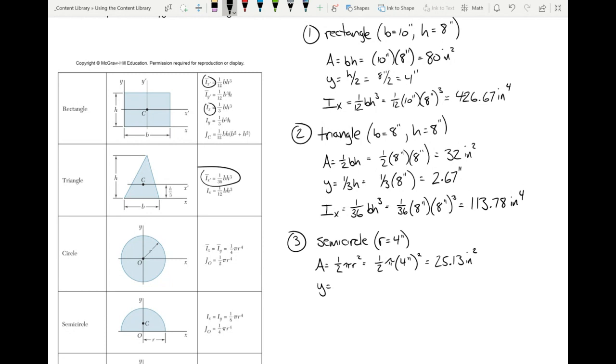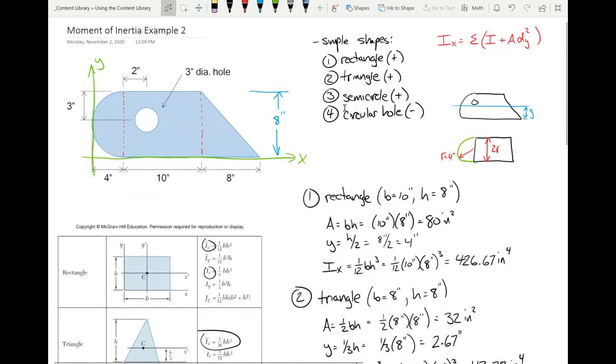Okay, this is where I need your help. Let me scroll up a little bit. How far is it from the x-axis if we're traveling vertically? What's that y distance to get to the centroid of that semicircle? And to be clear, this isn't the 4r over 3 pi thing.